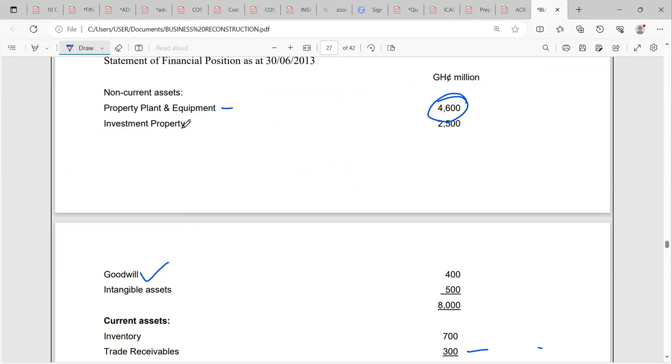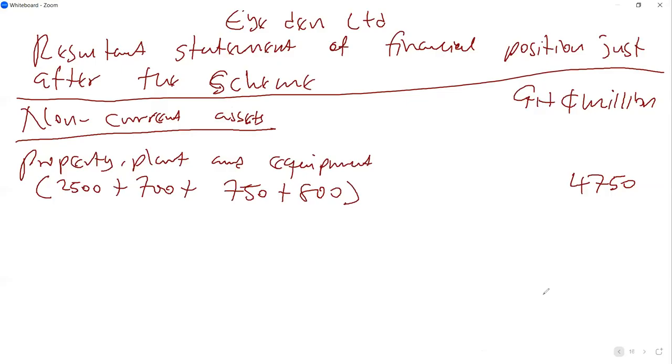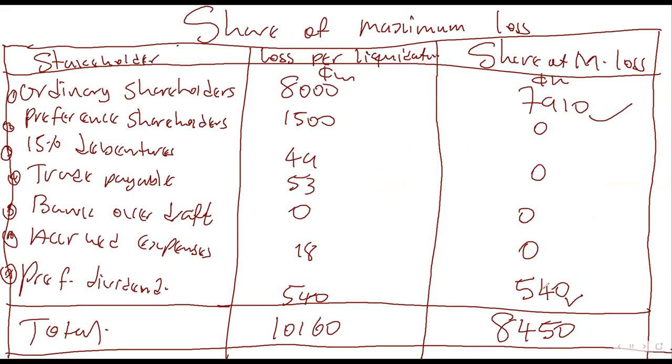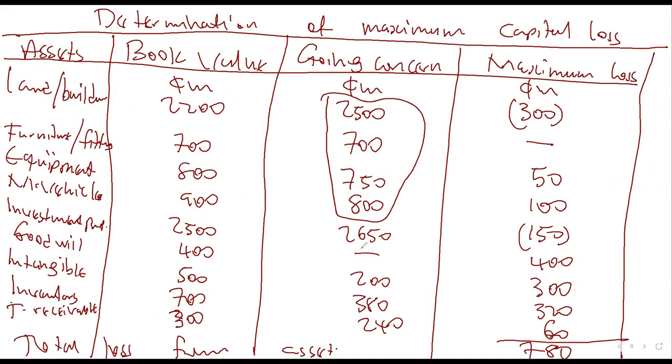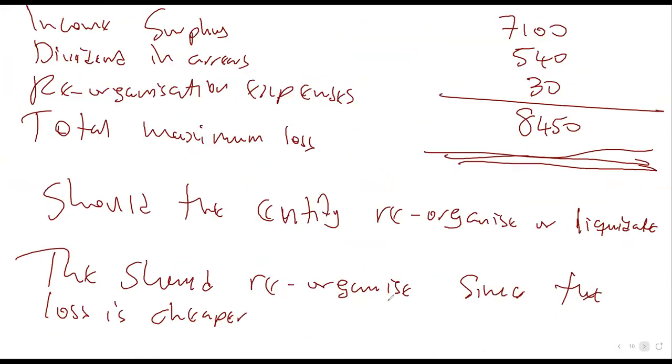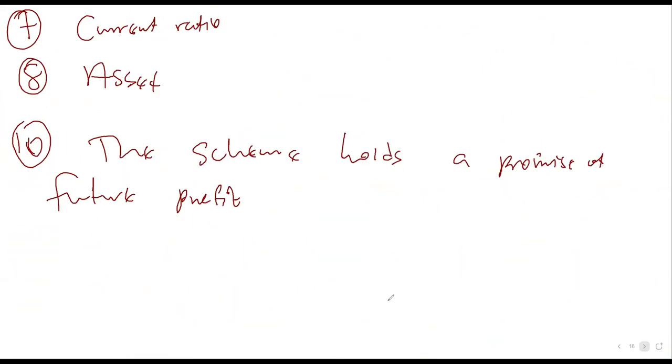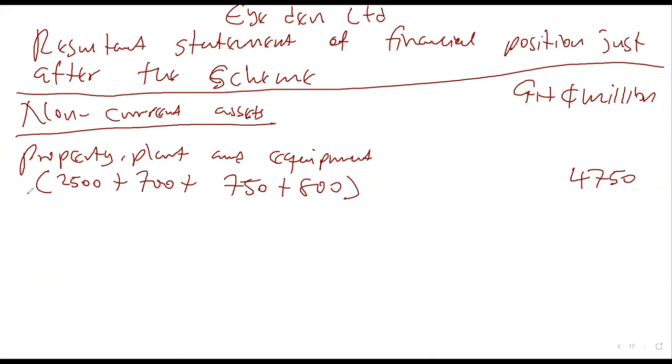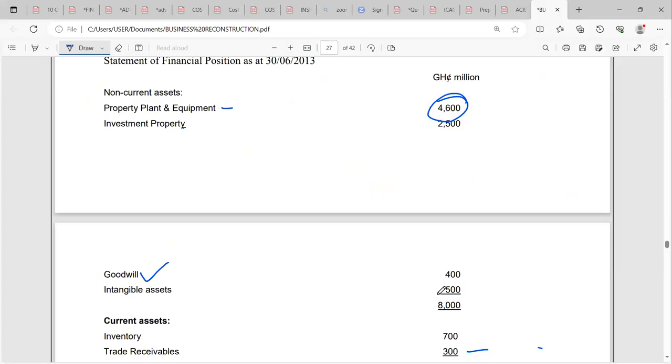Intangible assets. No, they went to investment property. The going concern value for investment property is what? 2,650. That's all. Investment property, 2,650. Go and check whether they are aligned, whether they added. If they add, we also add. Yes, they added the total non-current assets, so you must also add.